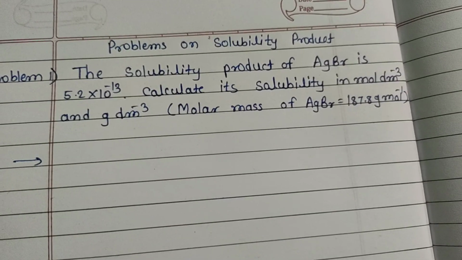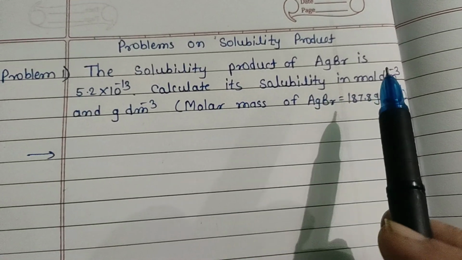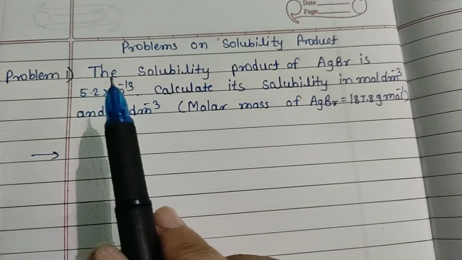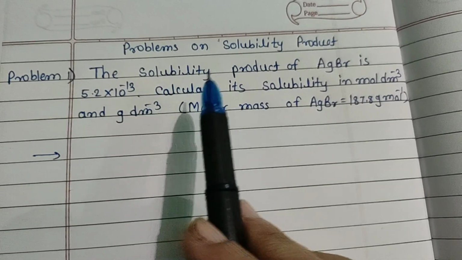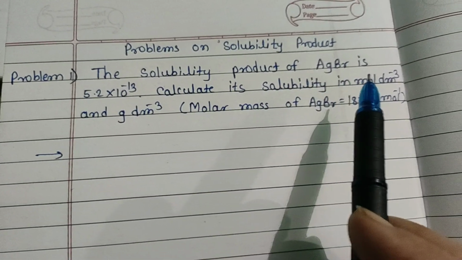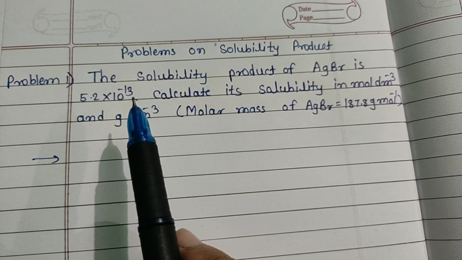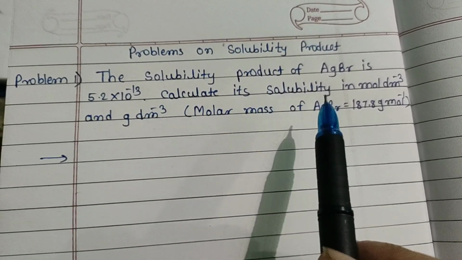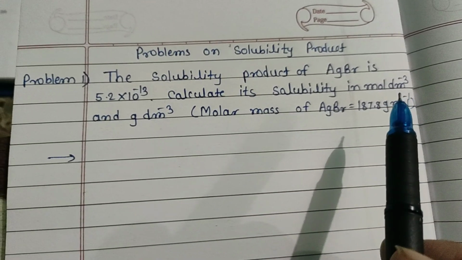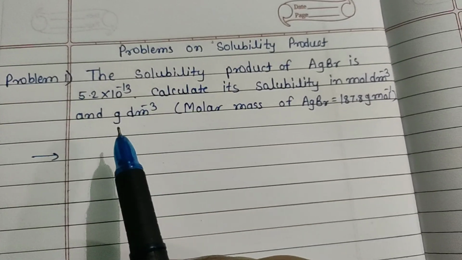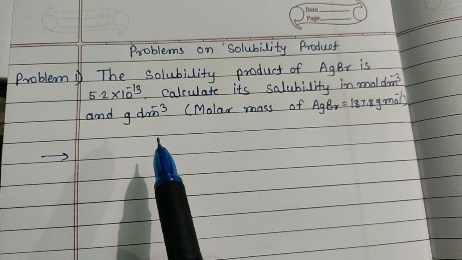We take up problems on solubility product. First we read the problem. The solubility product of AgBr is 5.2 × 10⁻¹³. Calculate its solubility in mol per dm³ and gram per dm³.